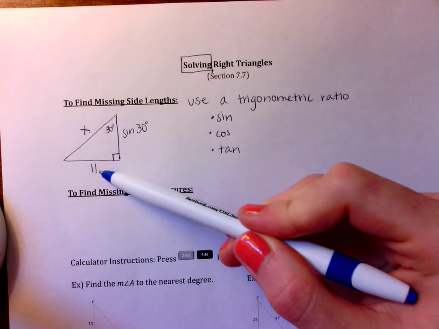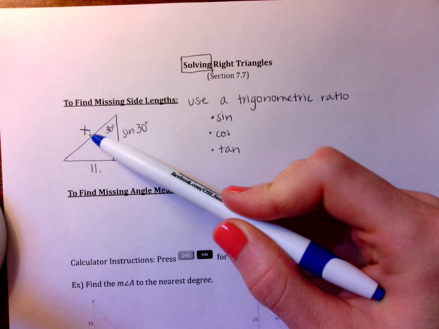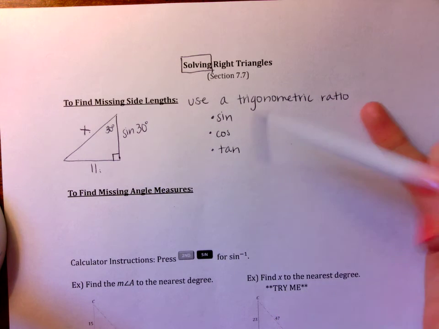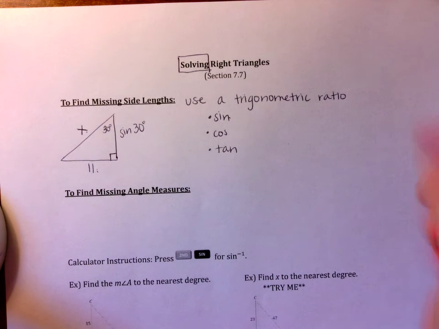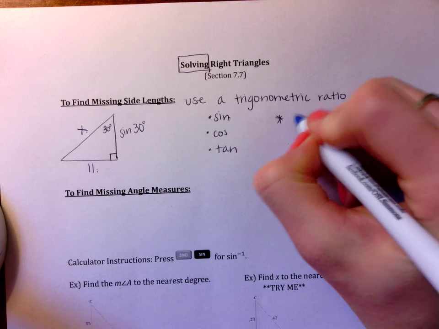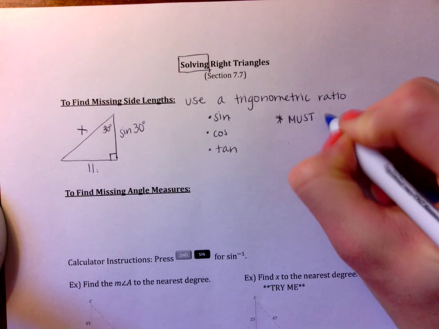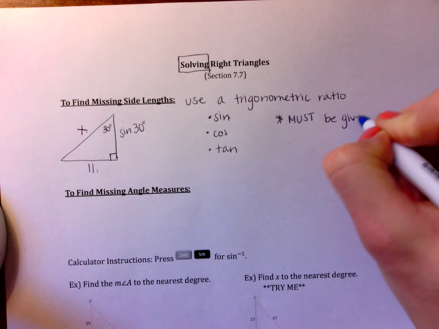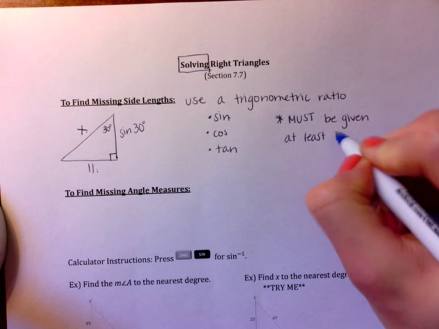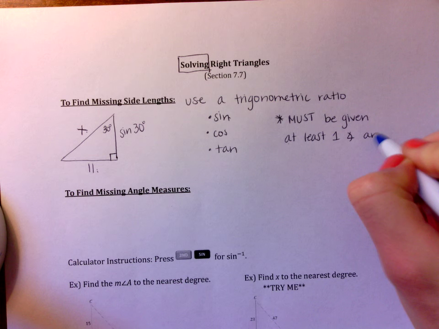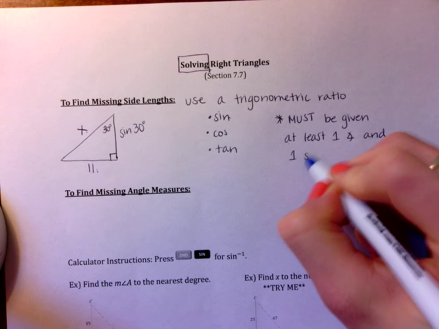Like in this one, it was opposite and hypotenuse. So in that case, you would want to use sine. This is if you're given, so you must be given at least one angle and one side.